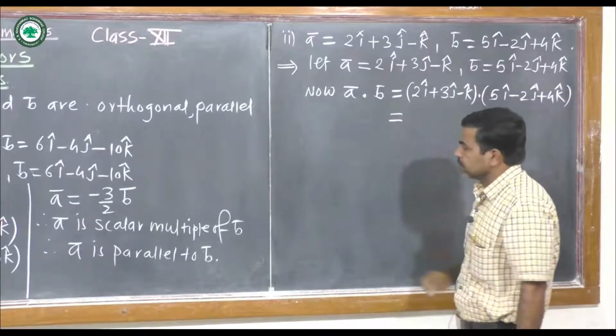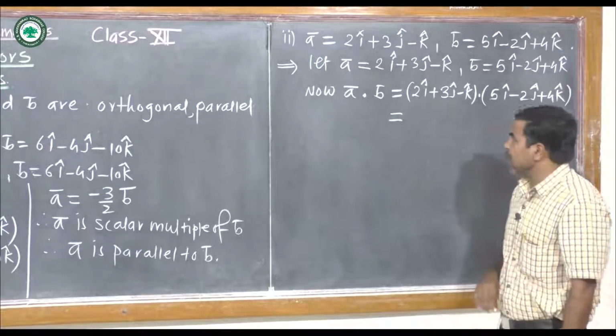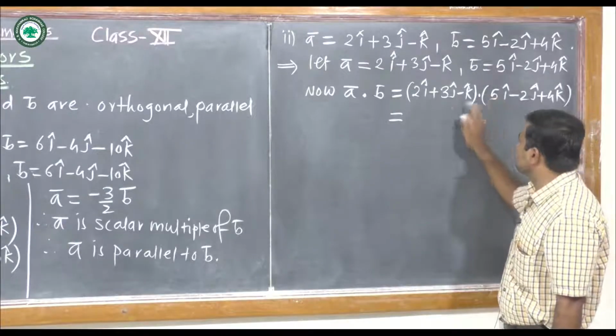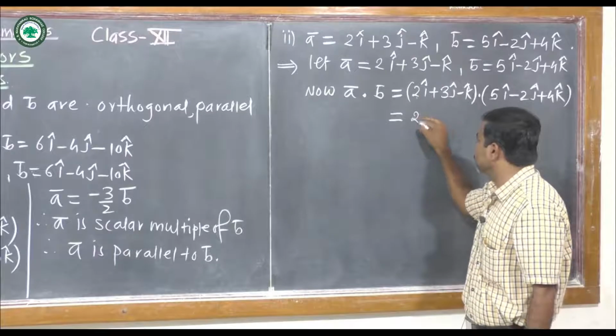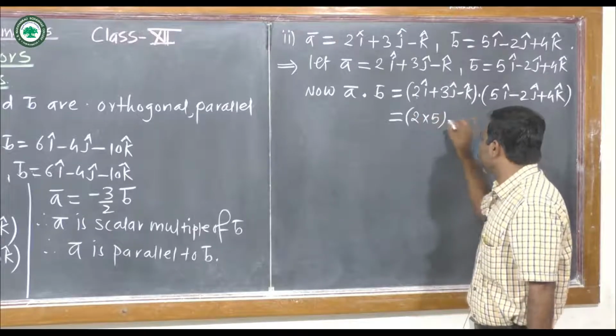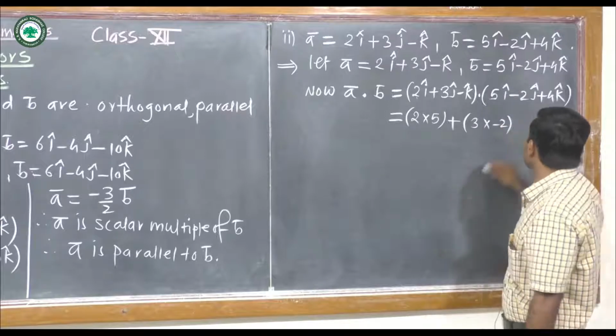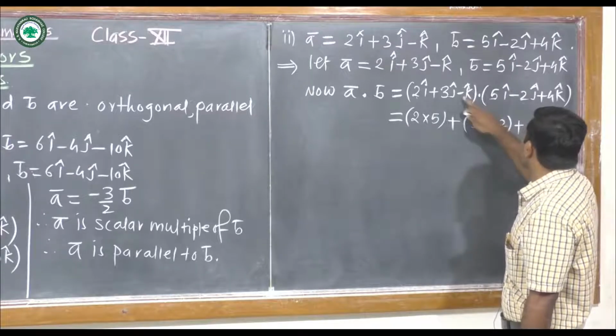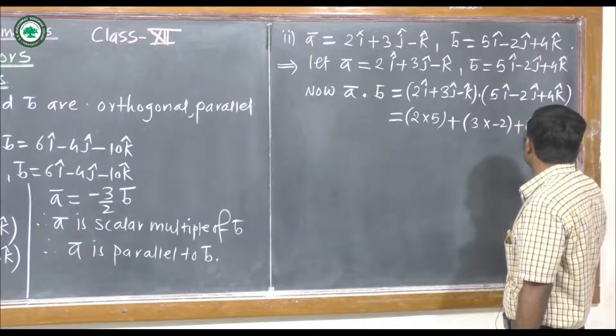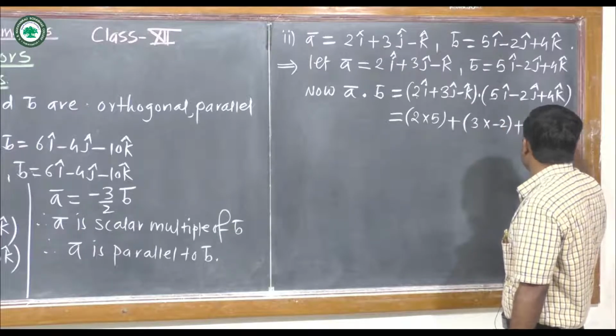We know that the dot product is 2 into 5 plus 3 into minus 2 plus minus 1 into 4.